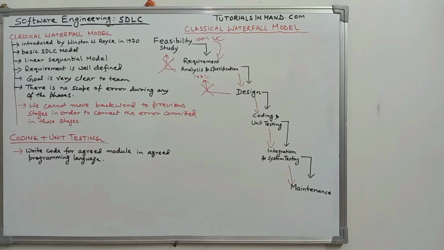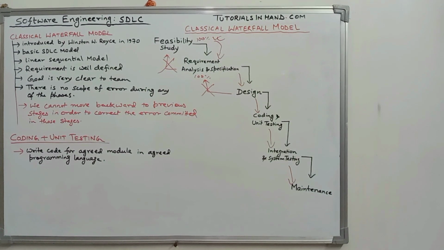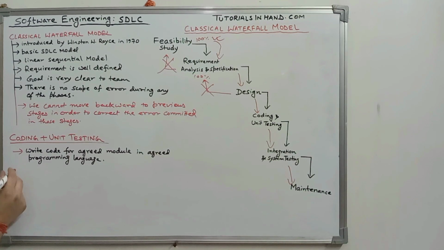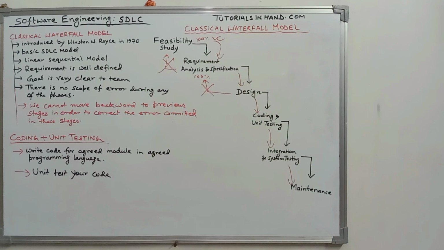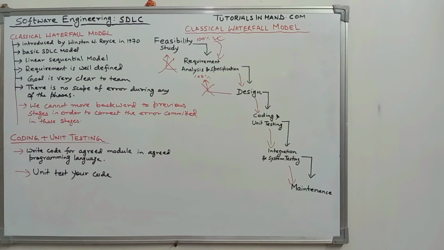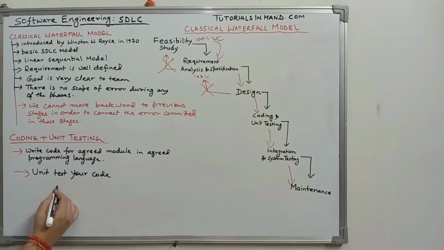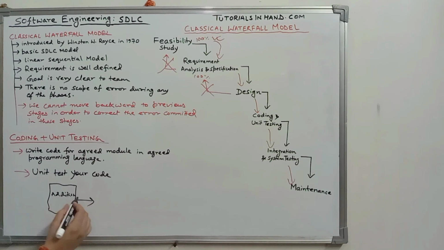And once you have completed the development of your module, you will unit test your code. Unit testing your code means you will test only your module. Suppose you are working on the addition module of the calculator, you will test whether the input that you are giving is producing the exact output or not.